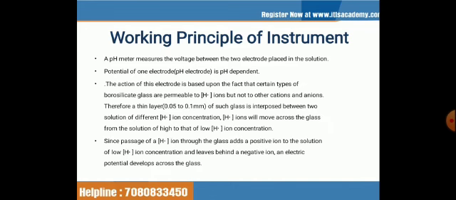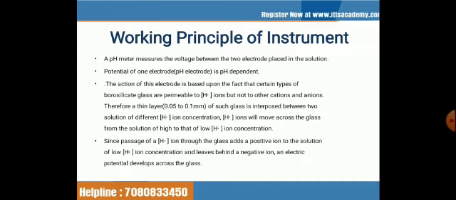Therefore, a thin layer, we can say 0.05 to 0.1 mm, of such glass is interposed between two solutions of different H ion concentration. The H ion will move across the glass from the solution of high to that of low H ion concentration.